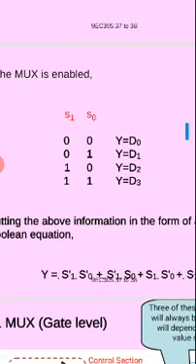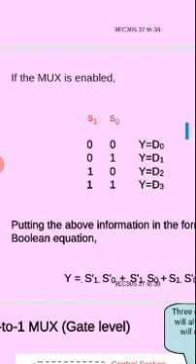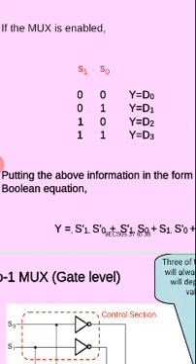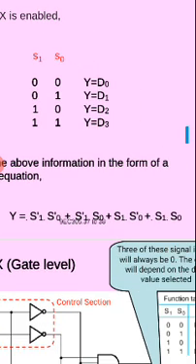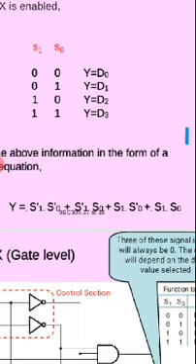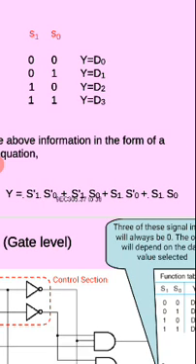Putting the above information in the form of a Boolean equation: Y equals S1' S0' D0 plus S1' S0 D1 plus S1 S0' D2 plus S1 S0 D3.